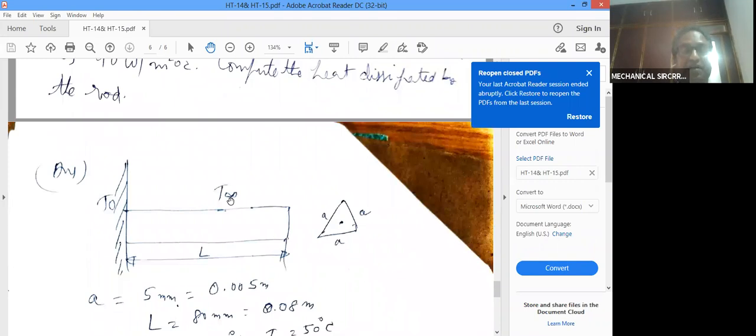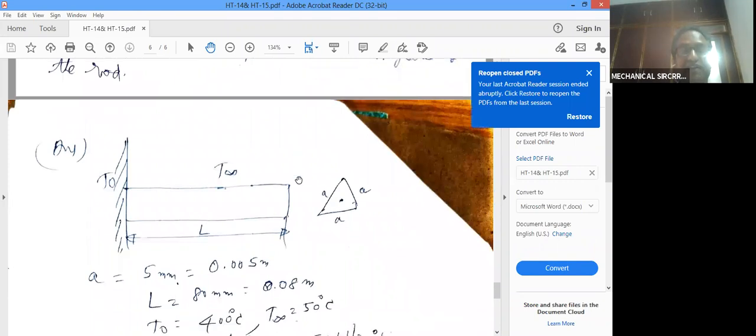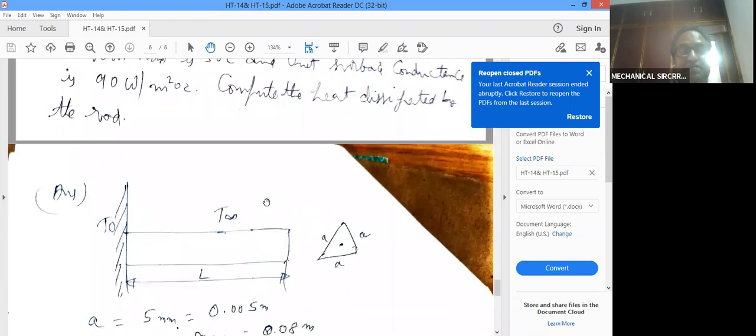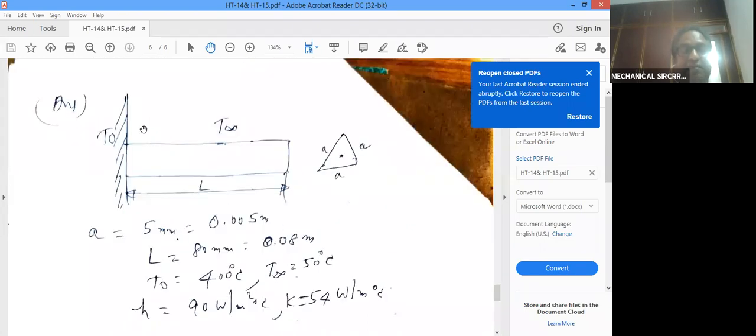By assuming the fin is insulated at the end, you can calculate Q is equal to root of hPkA into T naught minus T free stream into tanh(mL). Here the fin is insulated at the end; this is the wall at T naught, this is the length of the fin, and T free stream is the temperature of the outside fluid.